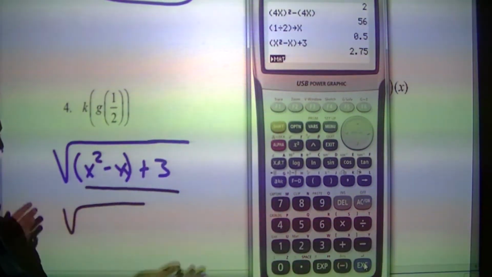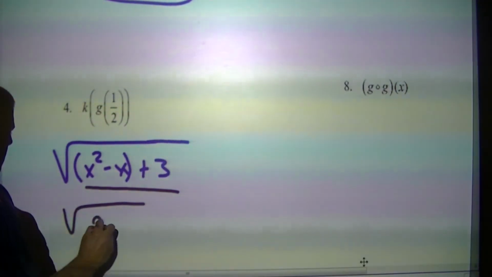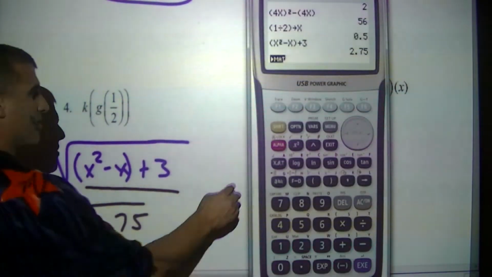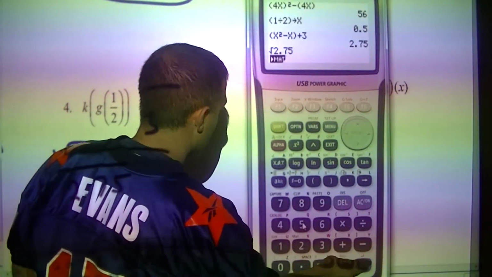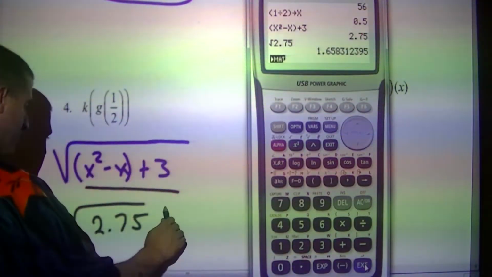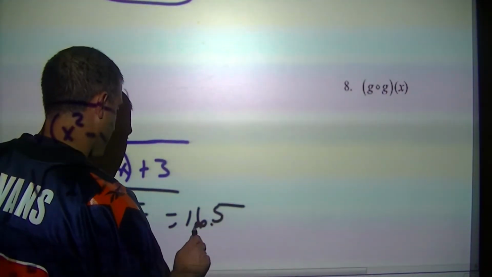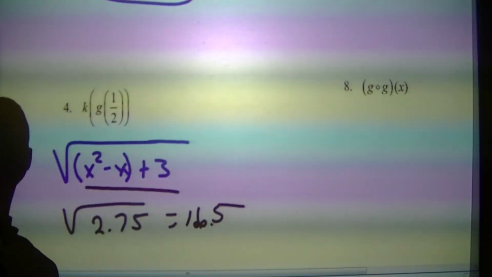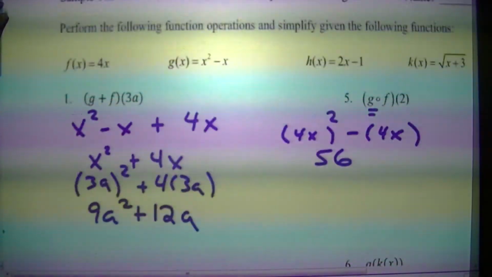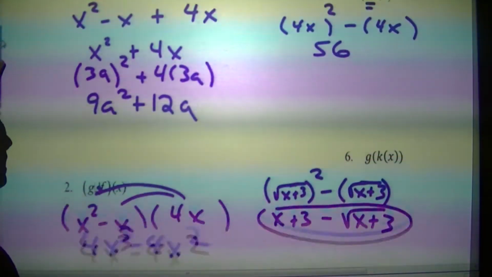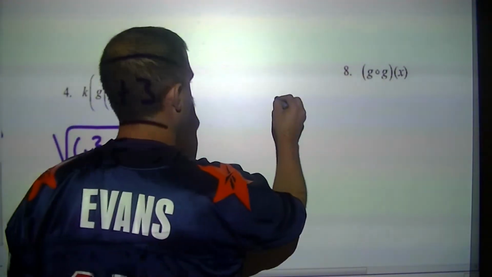I'm getting that amount, and now I should be able to take the square root of 2.75. That probably makes things easier, 1.65. Decimals right there. Now the g function here is x squared minus x.